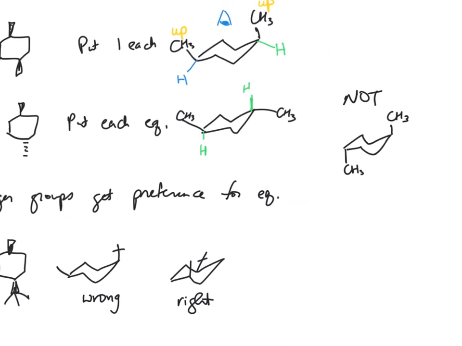What you don't want to do is this one to the right, where you've got both of your methyl groups in axial positions. This one is a higher energy conformation, and it will exist for less of the time.